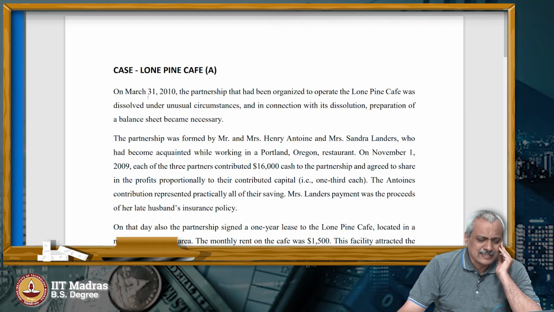It says that on 31st of March 2010, the partnership that had been organized to operate the Lone Pine Cafe was dissolved under unusual circumstances, and in connection with its dissolution, preparation of a balance sheet became necessary.